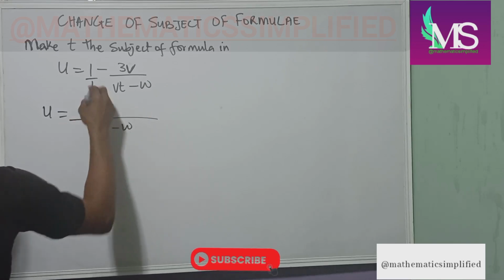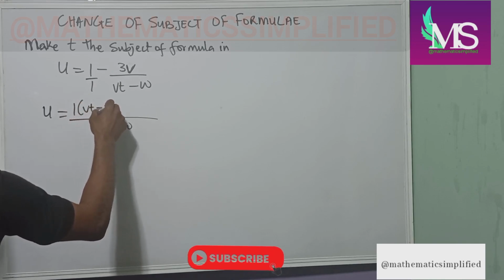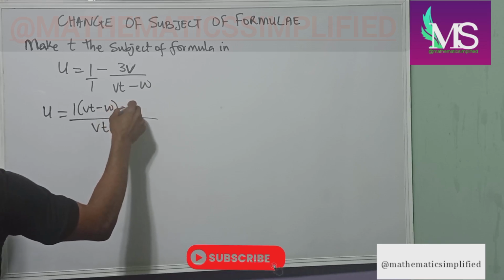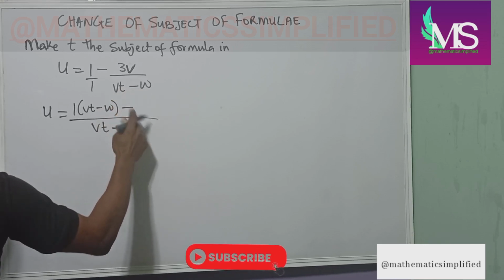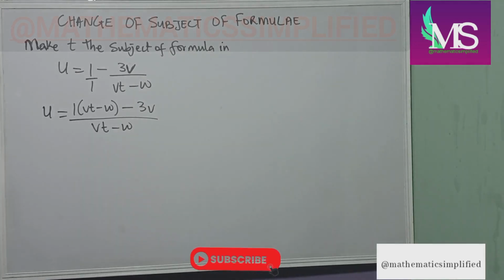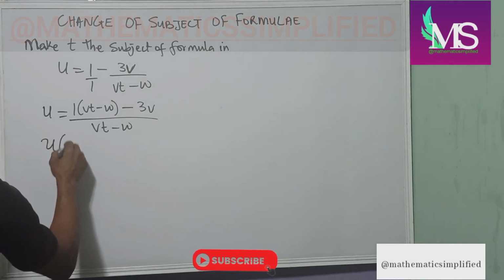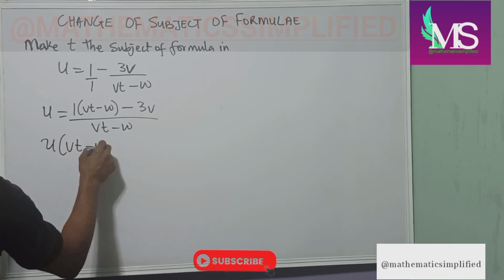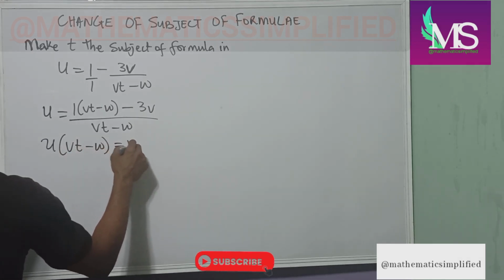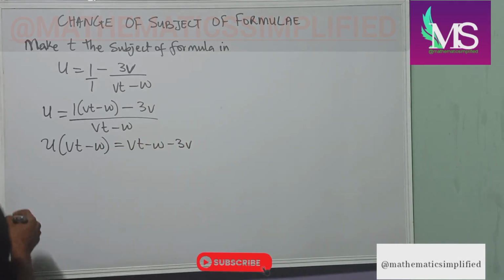So 1 into this will give us 1 bracket vt minus w minus 1 times 3v. From here we can cross multiply. So when we cross multiply, this becomes u bracket vt minus w equals vt minus w minus 3v.